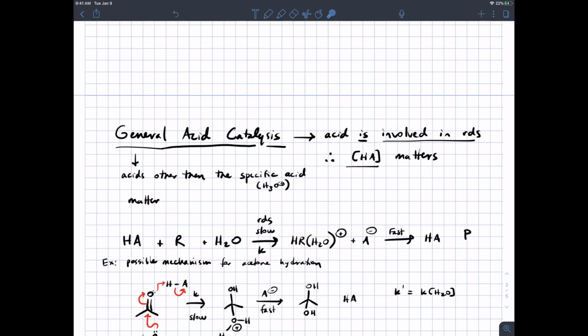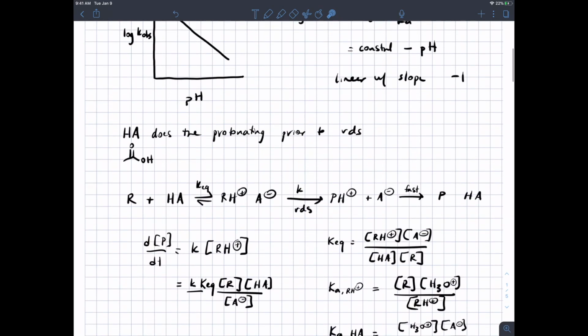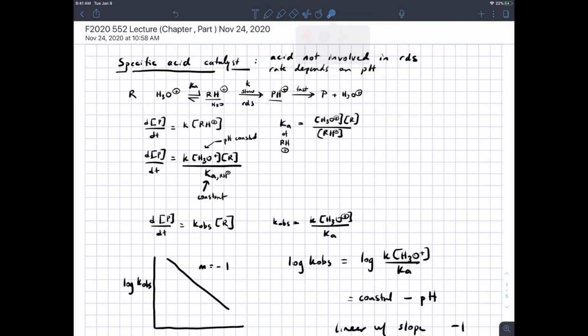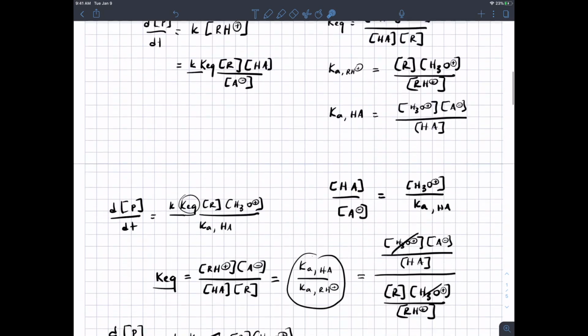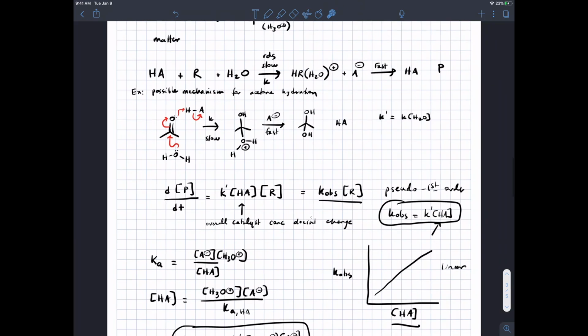Now, specific acid catalysis can be a feature of enzymes too, particularly if the protonation doesn't happen during the rate determining step. Okay? So as you learn more about enzymes, you may find examples of specific acid versus specific base catalysis. The consequences are there and you should be aware of them, but the most important thing to remember is for specific acid, the acid's not in the rate determining step, and for general acid base, it is in the rate determining step. All right.